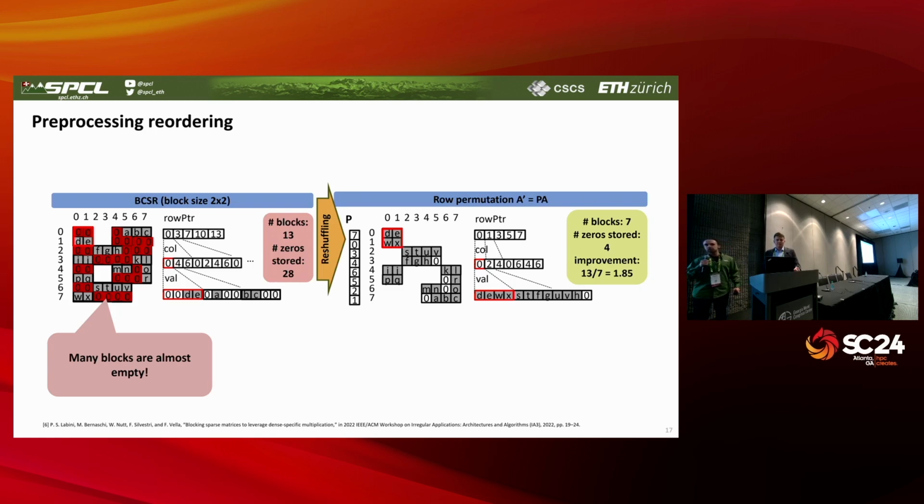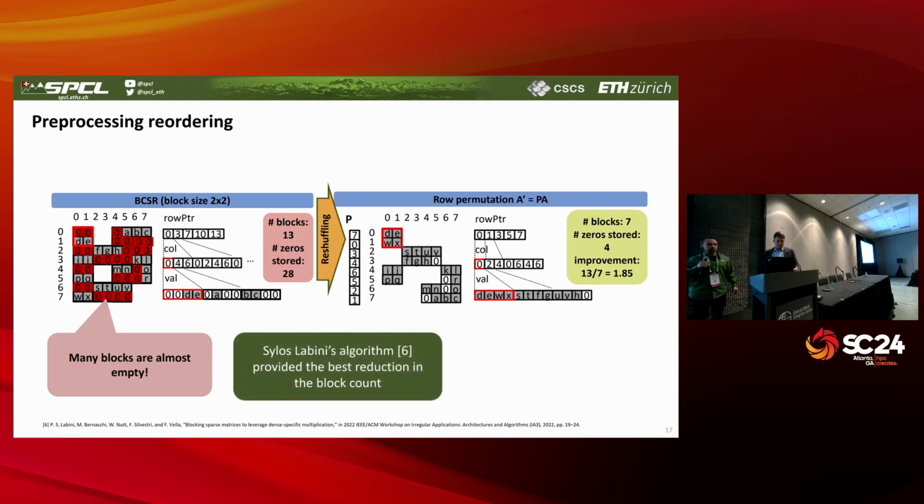Instead, in this work, we performed a study on the state-of-the-art solutions. We compared different reordering methods, and from our evaluation, we figured out that the Sylos Labini algorithm performed the best in terms of reducing the number of blocks in the SuiteSparse collection. I will not go into details of how this algorithm works.